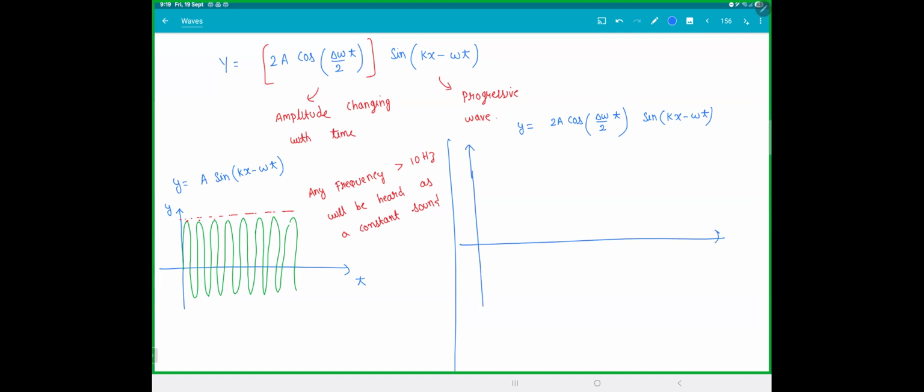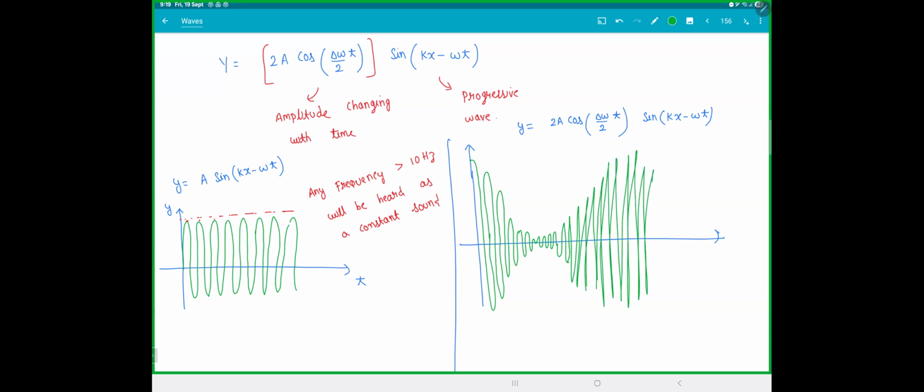When you put t equals 0, you get maximum amplitude. As time passes, your amplitude decreases. It means you're still getting sine waves, but the amplitudes are dropping. Eventually it becomes 0, then again it increases. It goes up and then again decreases to 0 and then again increases. This is what you will see.